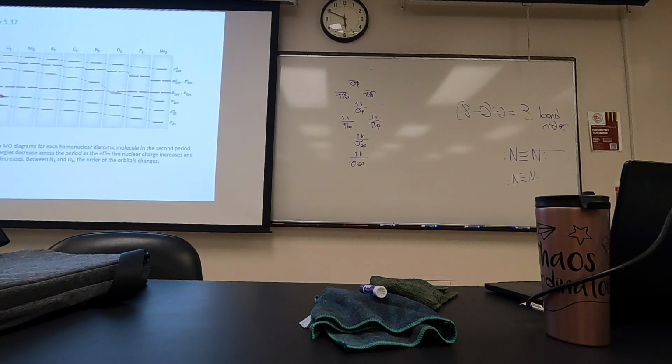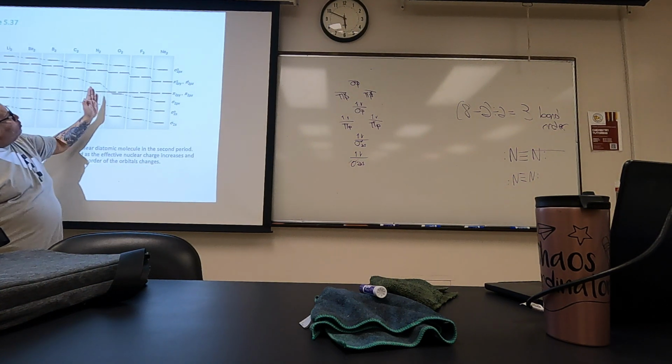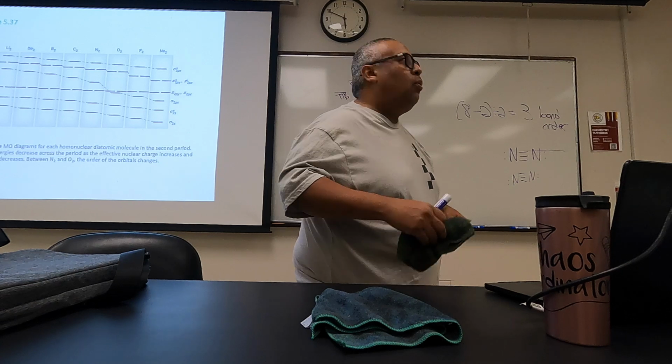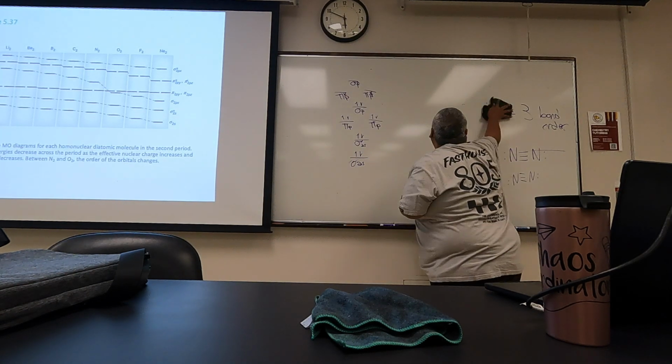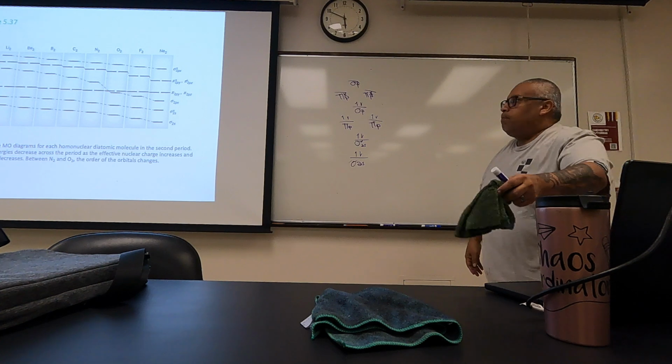So this is sigma, sigma, pi, sigma, pi, pi, sigma. These are anti-bonding. These are bonding orbitals over here. But this bonding orbital drops dramatically going from nitrogen to oxygen. So you do have to know how to draw and what that break point is.